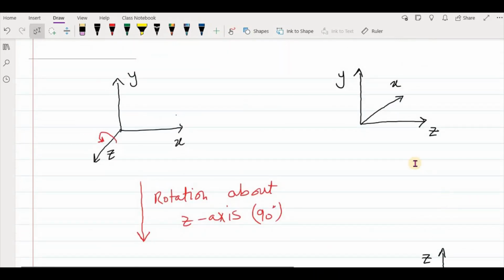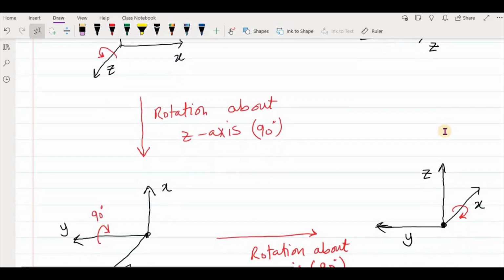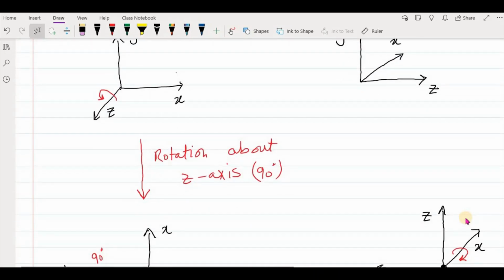So that's what we wanted here. We wanted the y-axis in this direction and the z-axis in this direction. We can achieve this by just one rotation about the x-axis. So that's what we're going to do here.